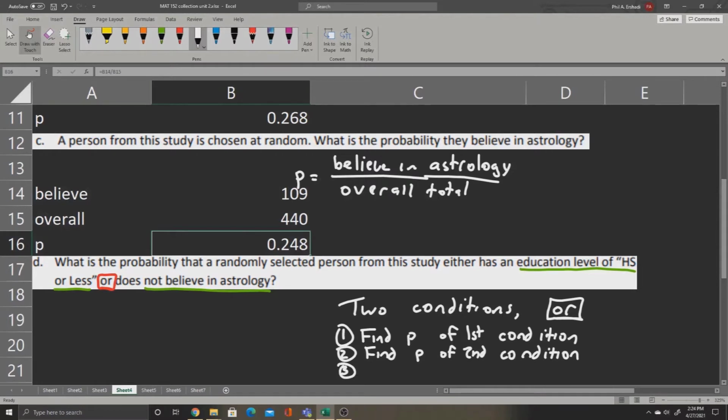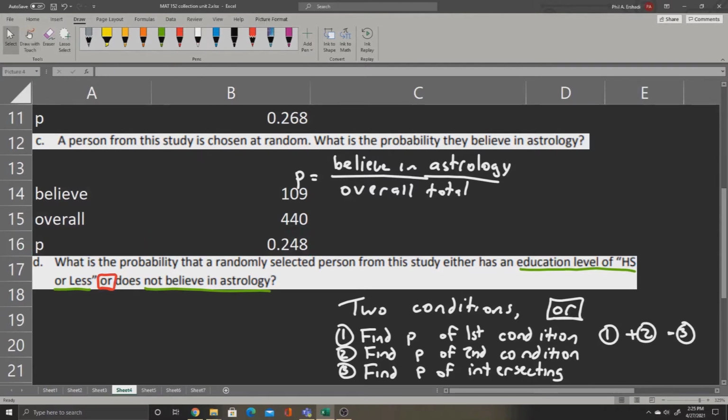And then once we find those, we can also find the probability of those two conditions intersecting. Once we get all three of those things, we take answer 1, we add answer 2, and then subtract answer 3. This will happen anytime you see the word "or" inside of a probability question.